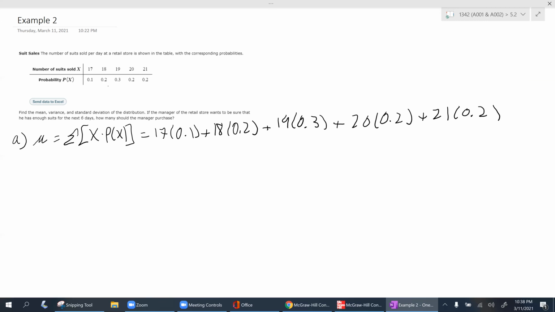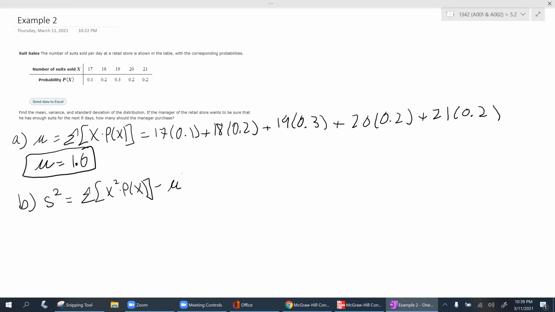Okay, so to find my mean, let's plug all those values in. And we find out that my mean is 1.6. Okay, let's find the variance. For the variance, it's going to be the same thing, but those x values are squared, and I'm subtracting mu squared.